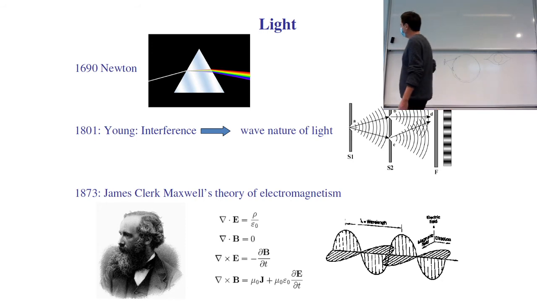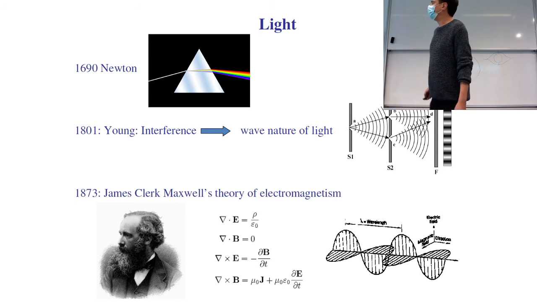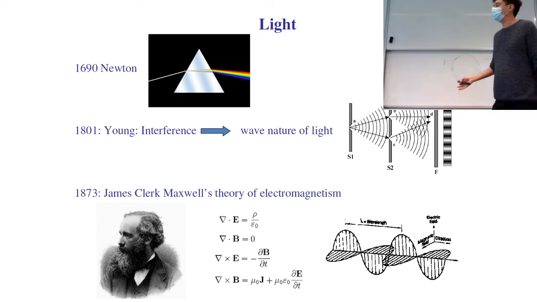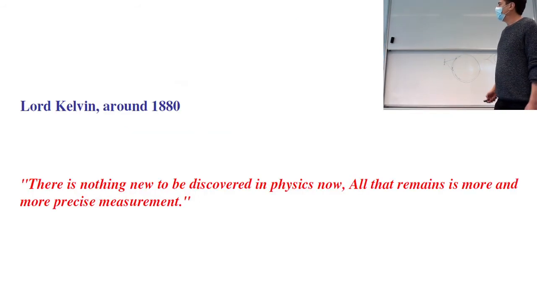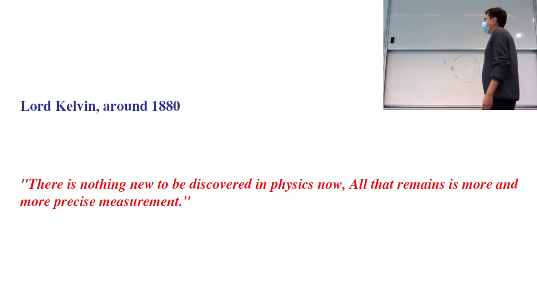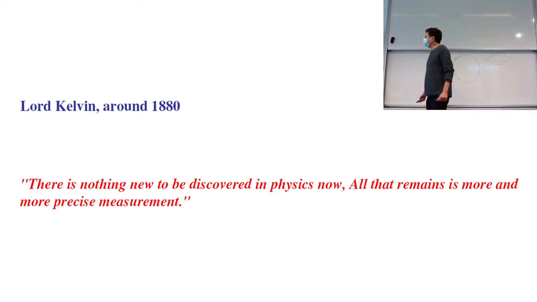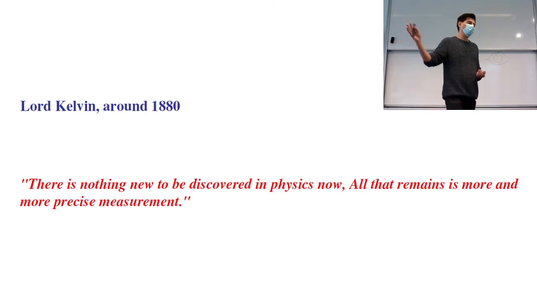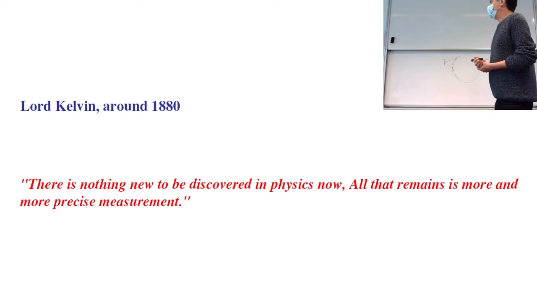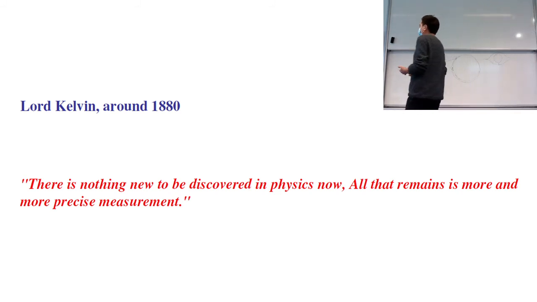And Maxwell's theory of electromagnetism really quantified the nature of light, electric fields, magnetic fields, and around the end of the 19th century, Lord Kelvin, whose name is on the temperature scale, essentially said that there's nothing new in physics left to be discovered, and all that remains is more precise measurement.